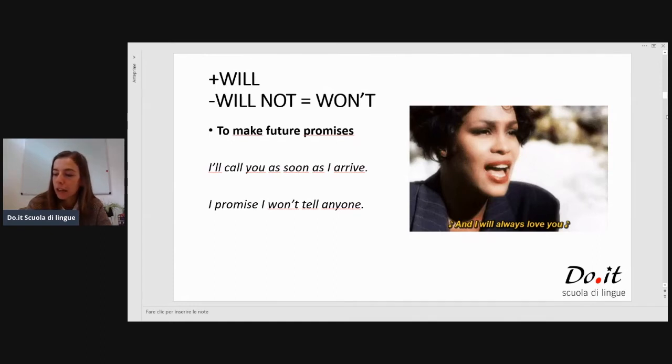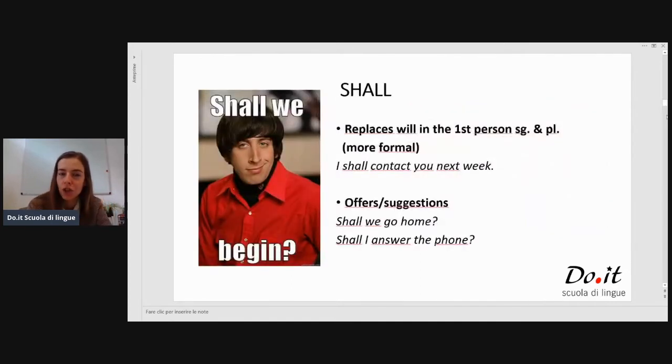So that's for the will. Next thing, which is very, very linked to will, is shall. Okay? What is this shall? You can use shall in two different ways. The first thing is that shall usually replaces will in the first person of singular and plural.